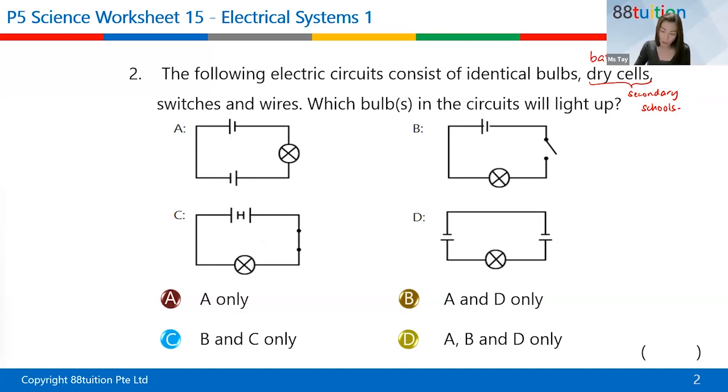So which bulb in the circuits will light up? How many of you got this question wrong and you still don't understand why you got it wrong? Just put out your hand. Anyone? How do you get your answer?